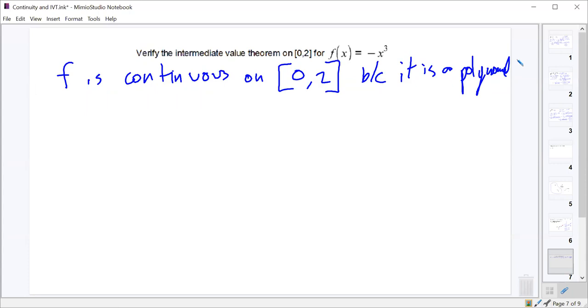Next thing, what do you think the next thing that we're going to need to do is? Plug in 0 and then 2. Yep, plug in 0 and 2. So what's f of 0? 0. And what's f of 2? -8. Good.